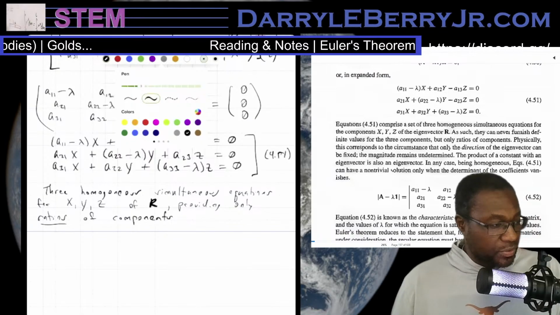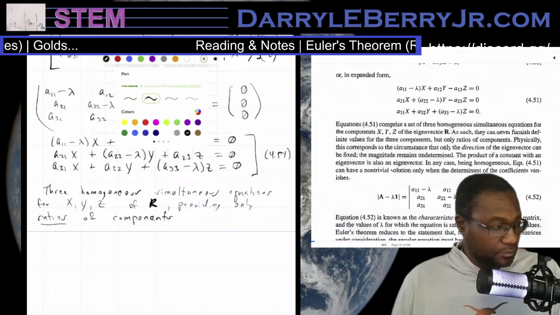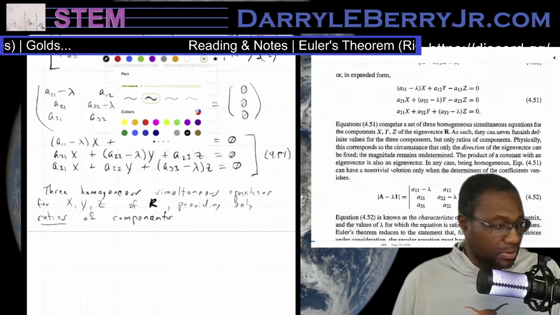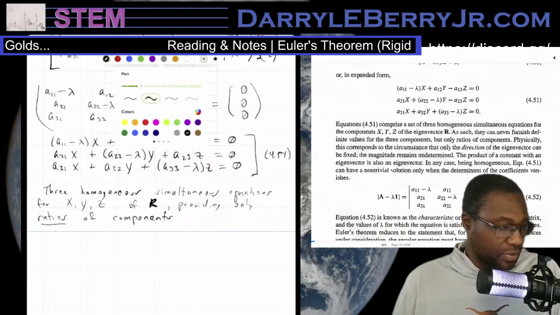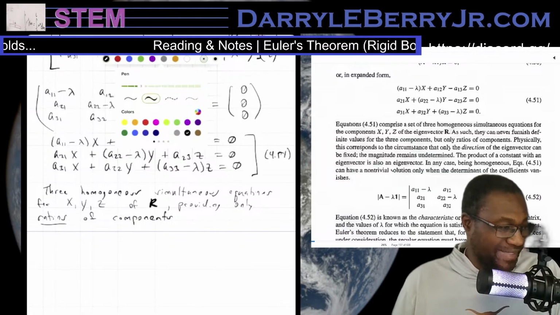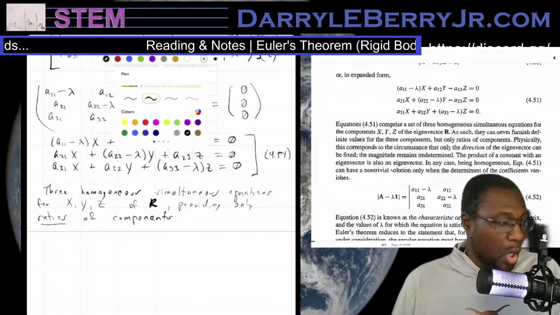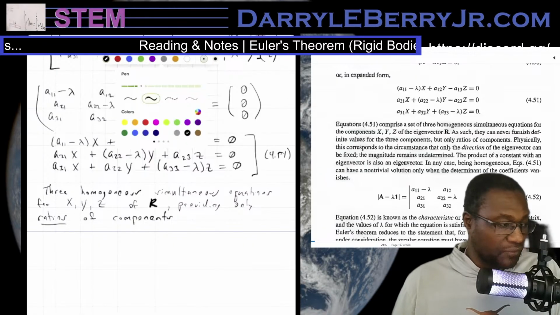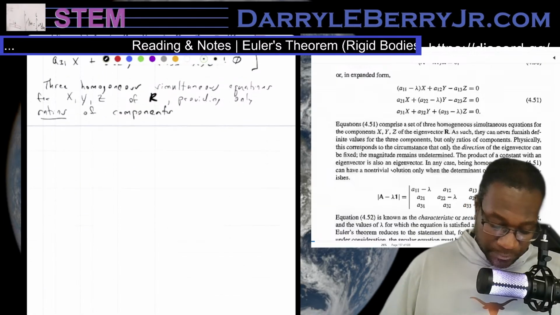Physically, this corresponds to the circumstance that only the direction of an eigenvector can be fixed. The magnitude remains undetermined. The product of a constant with an eigenvector is also an eigenvector. In any case, being homogeneous, equations 4.51 have a non-trivial solution only when the determinant of the coefficients vanishes.